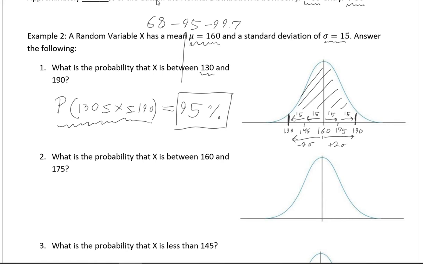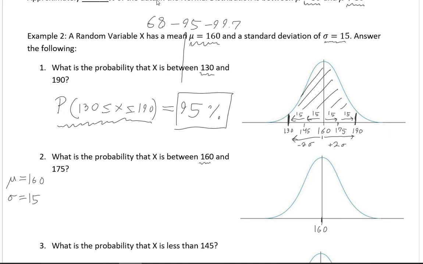So for the second one, what is the probability that x is between 160 and 175? Well, 160 is the mean. We know that. In the basic example, these two values are always going to be the same. So the mean is still 160 and the standard deviation is still 15. And 160 being right in the middle, I already have one of the numbers indicated.